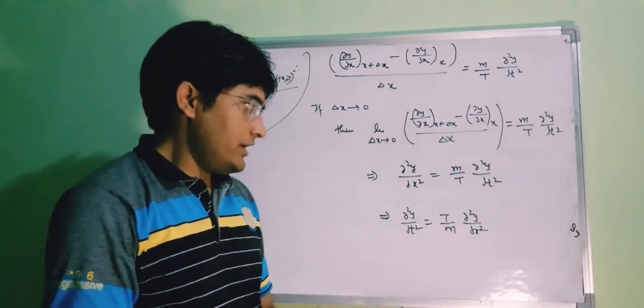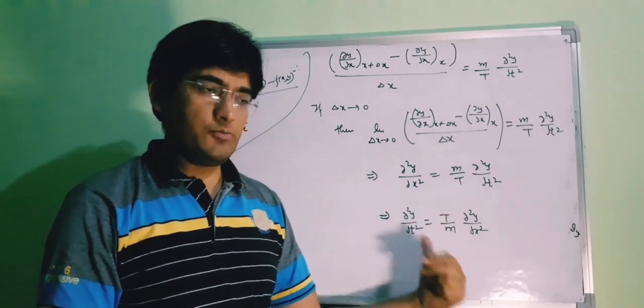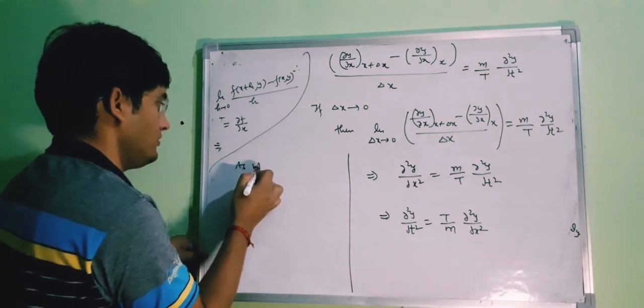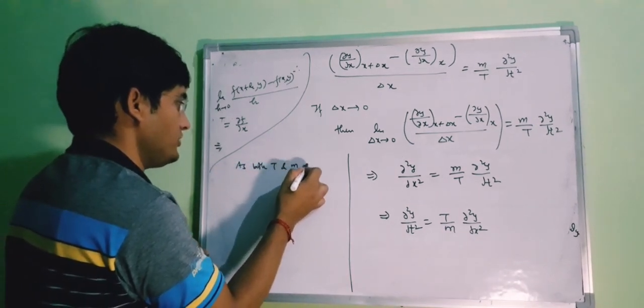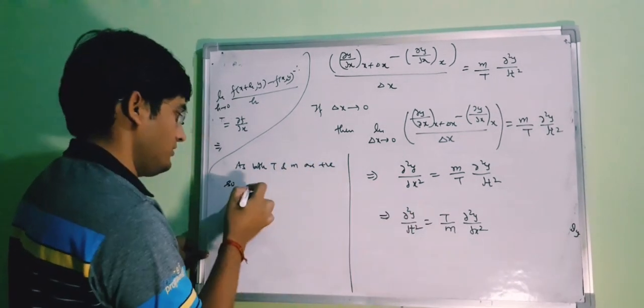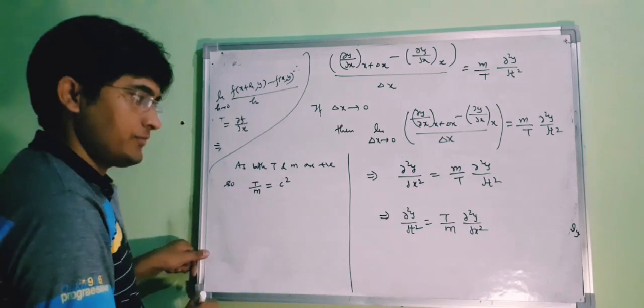Here the tension T is positive and m is positive, so T upon m is positive, as both T and m are positive. So we can write T upon m as c square.